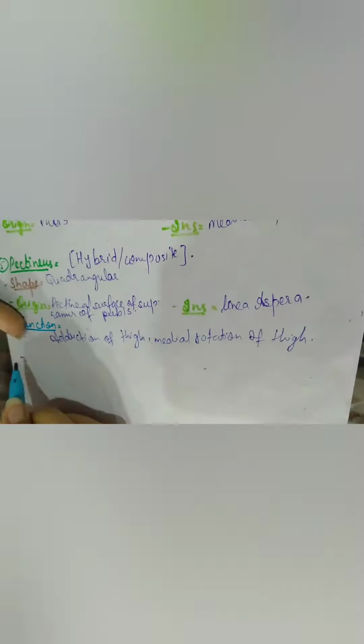Now coming upon the arterial supply and the nerve supply of the medial compartment. The nerve supply of this compartment is by the obturator nerve.